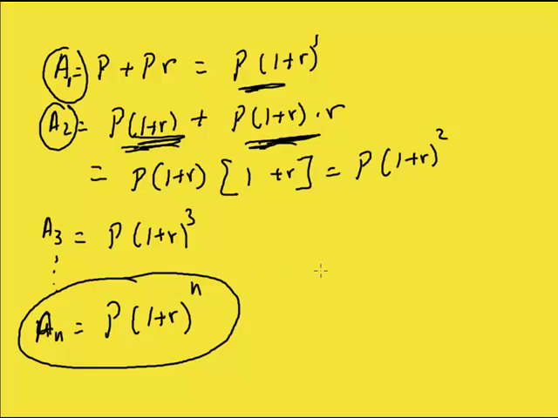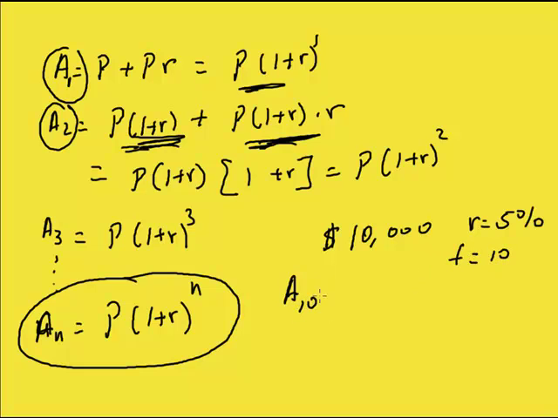So, let's suppose you put in $10,000. And let's suppose you're going to get an interest rate of 5%, compounded annually. Then if you want to find out how much money you'll have, you just plug it into the formula. Let's say we're going to leave it for 10 years.